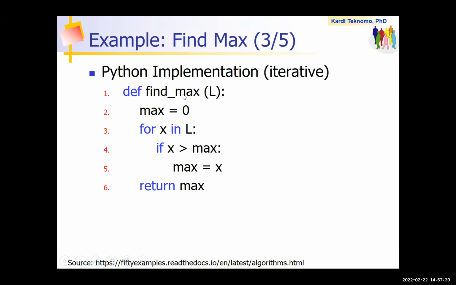In Python, first you put max to 0, and then for x in L, the list. If x is larger than max, then copy x to max. After you loop all, return the max.